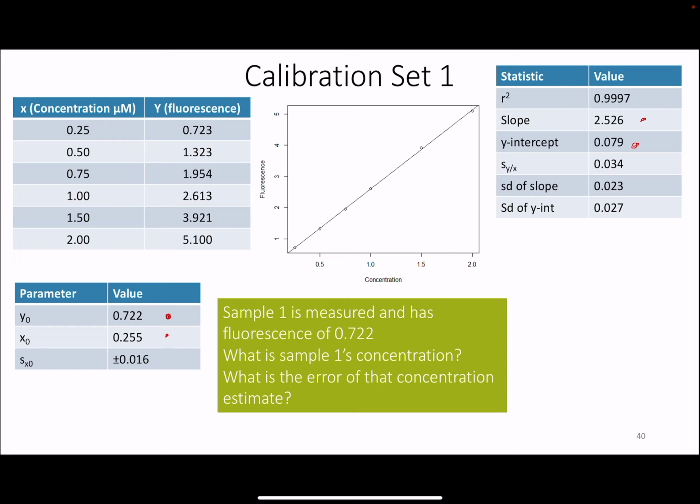And if you look at your linear regression, this makes sense. 0.722 is a very low value. It's less than 1. If you go across to the line and go down, you get something that's about 0.255. That makes sense. Then you also can calculate the error of that concentration. So using the equation in the previous slide, the standard deviation of that is plus or minus 0.016.